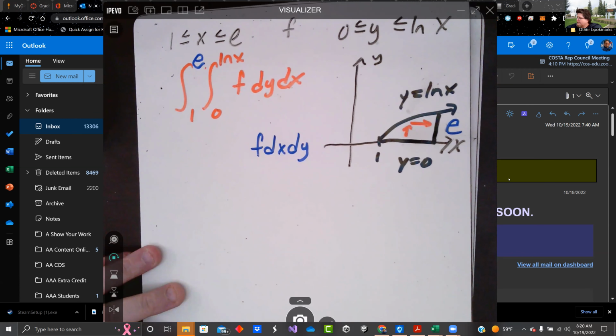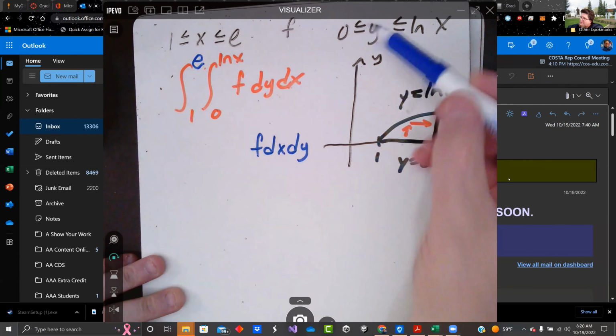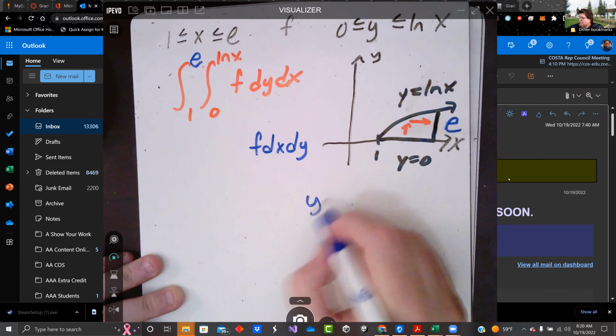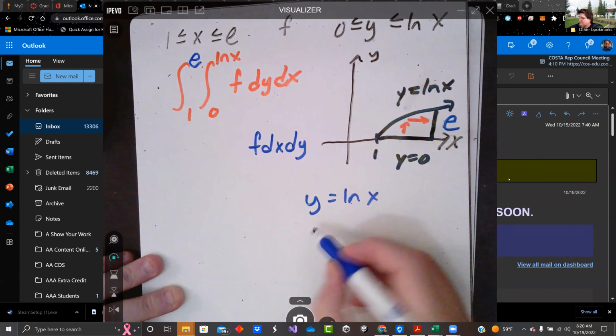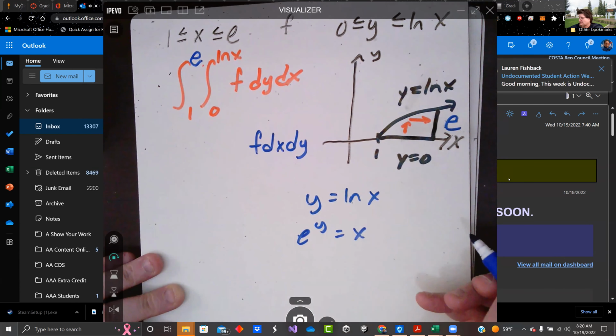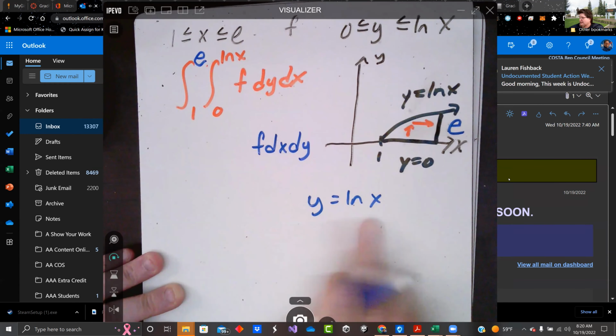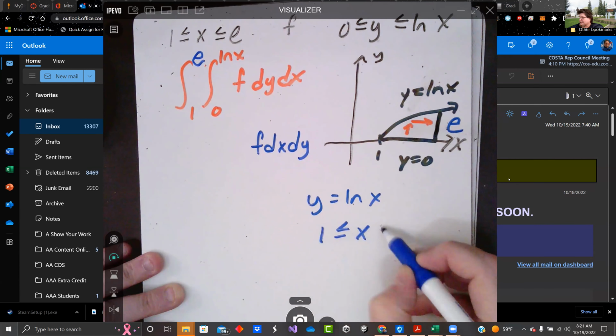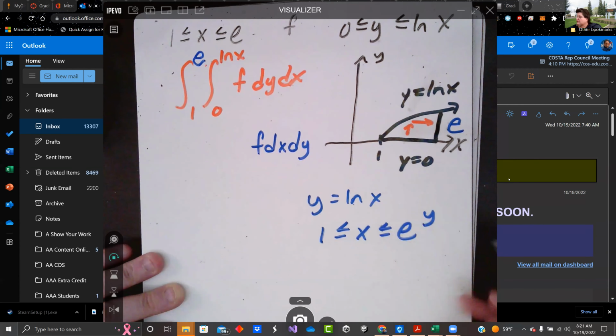Well, two things we need to do. We need to convert this to be a function of y instead of x. So y equals natural log of x becomes e to the y equals x. So we have 1 is less than or equal to x, less than or equal to e to the y.